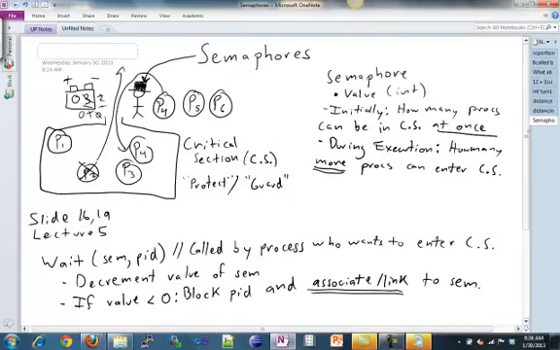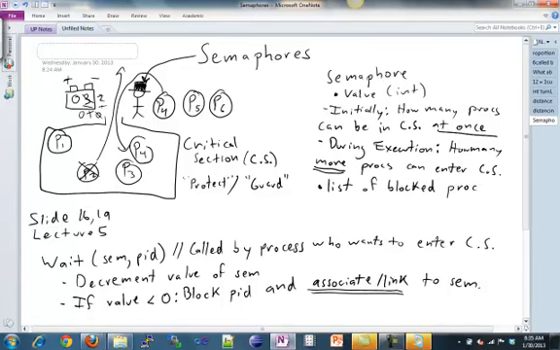So we go back up to our high-level view of what a struct might look like. It will have a value, and it might also have a list. In your case, it might be an array of blocked processes. So that it needs to know who it has blocked, so that it can restart or unblock it later. So it can let it in later, basically.